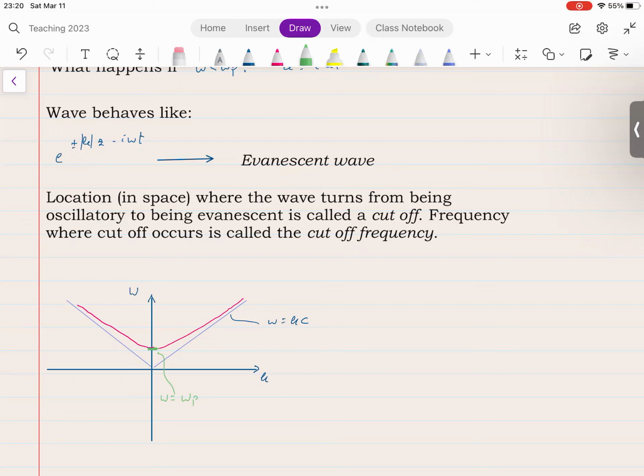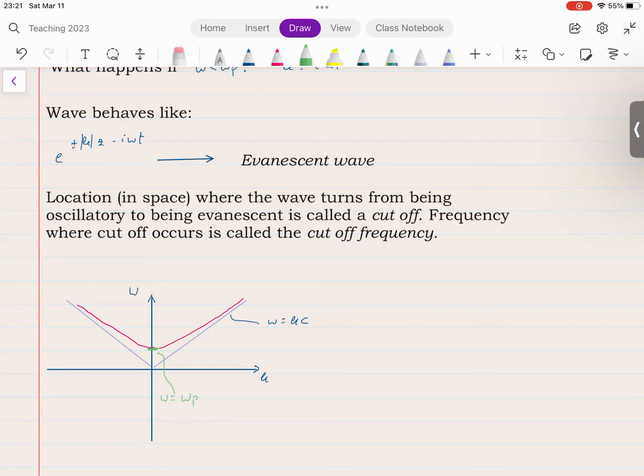I will just mention one more thing: if the plasma frequency is very high, the wave looks like a light wave in vacuum, an electromagnetic wave in vacuum. The reason is that the wave is oscillating so fast that neither the ions nor the electrons in the plasma have time to react to the wave.